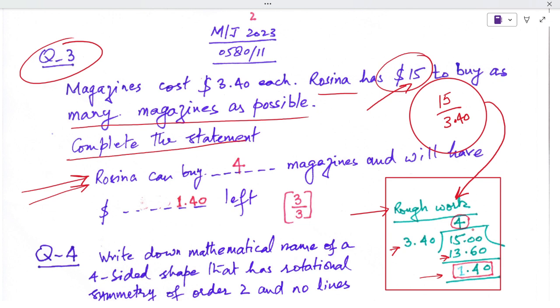Here, the total number of magazines that can be bought is 4, and Rosina will be left with $1.40. We write the answers in the statement as Rosina can buy 4 magazines and will have $1.40 left, and we get 3 marks out of 3.